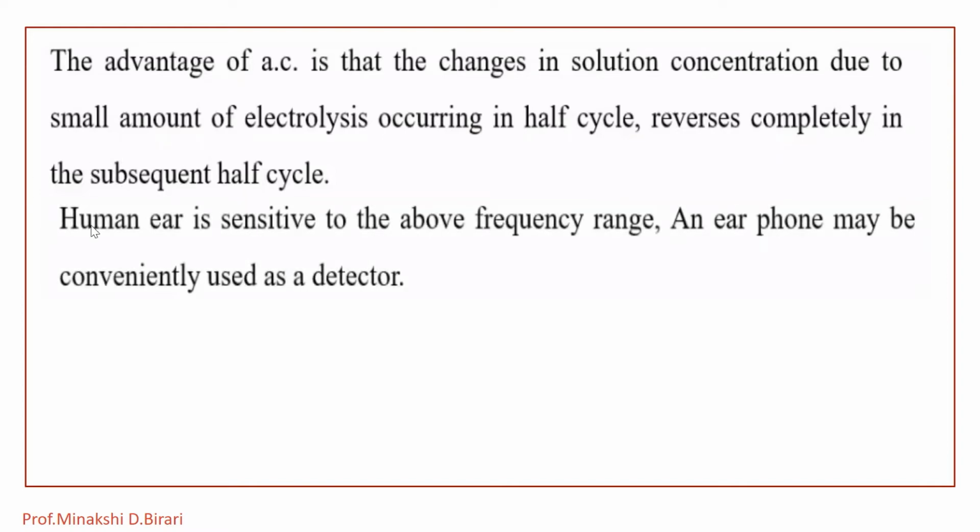The human ear is sensitive to the above frequency range, and an earphone may be conveniently used as a detector. So what is the detector used? That may be an earphone, because the human ear is sensitive to the above frequency range. What is the frequency range? That is 1000 to 2000 Hz, which is normally used, given by the source with an output frequency.